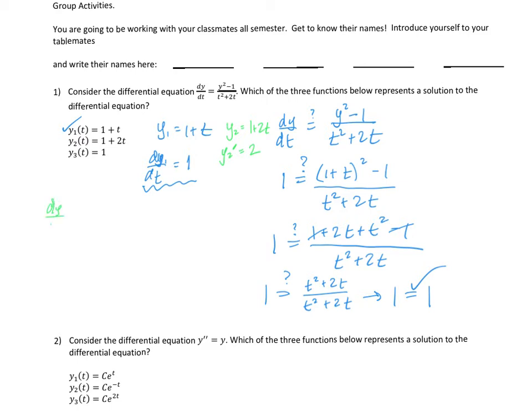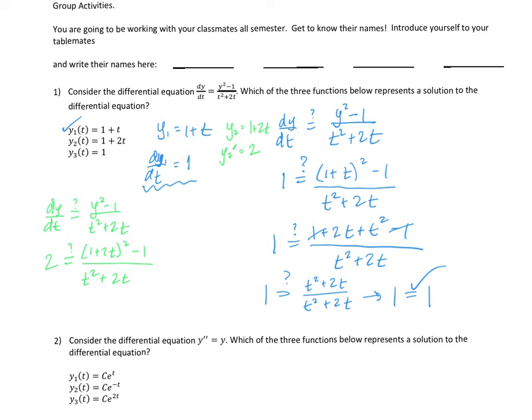Does dy/dt equal (y squared minus 1) over (t squared plus 2t) when you plug in y and y prime? So dy/dt, that's 2. Does that equal y squared minus 1? So that would be y is 1 plus 2t, squared, minus 1 over t squared plus 2t.